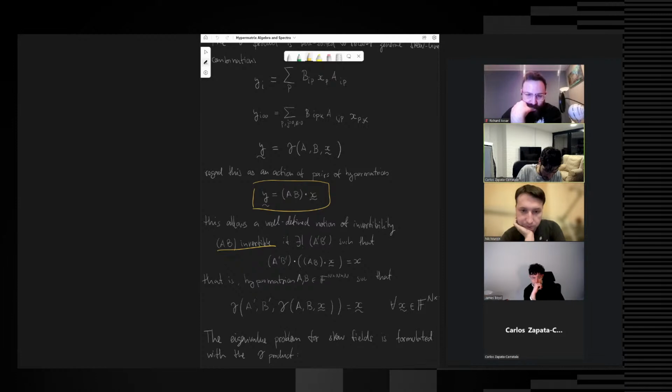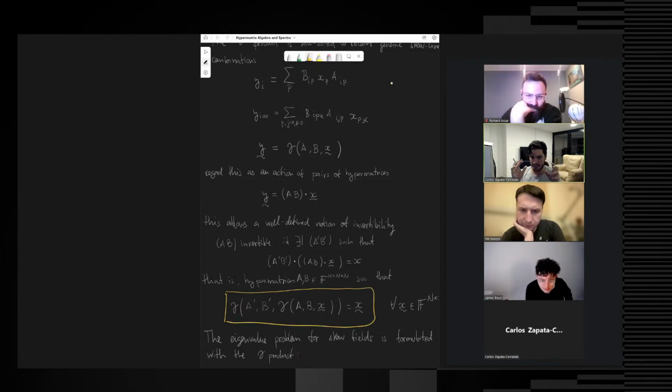That formula is the one that codifies invertibility here. It's a double product, like usually inversion is with your binary operation, but now it's a ternary operation, and it's basically saying AB applied to x, then A dash B dash, and you get back x.